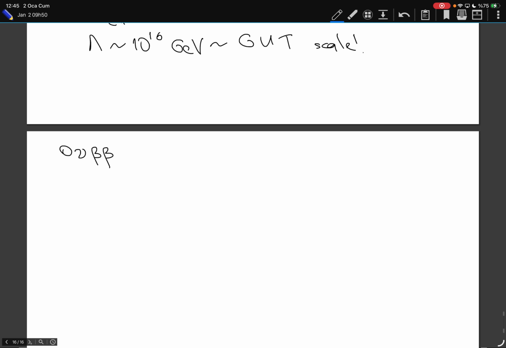You know the beta decay, right? In the beta decay, for example, a neutron becomes a proton, emits an electron, and then an antineutrino.